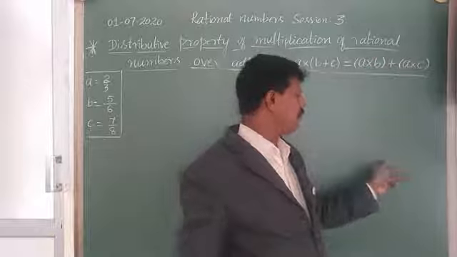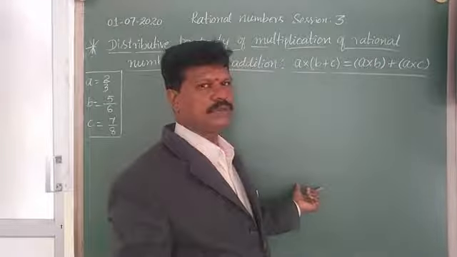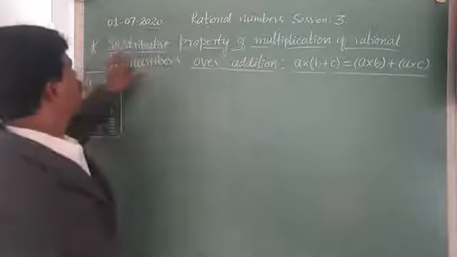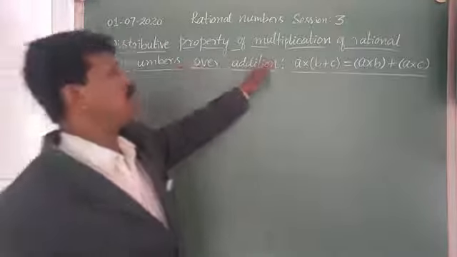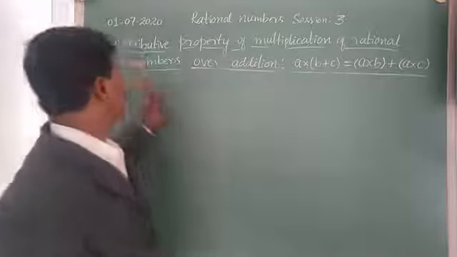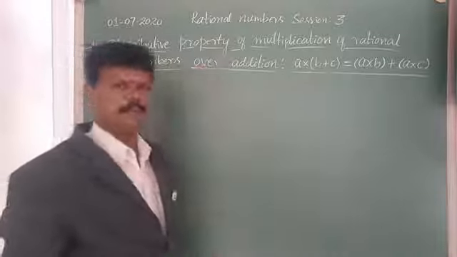Is this sum the same as this? So this is the verification of the distributive property of multiplication of rational numbers over addition.